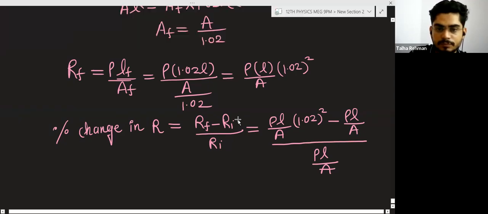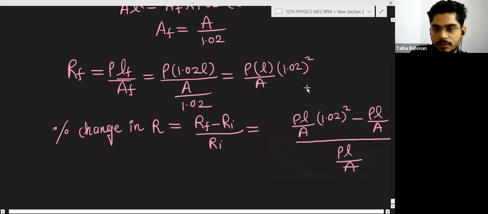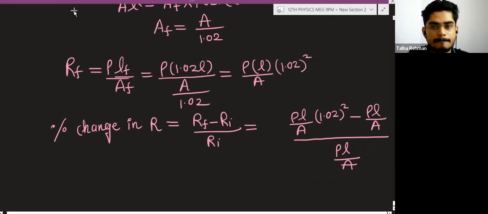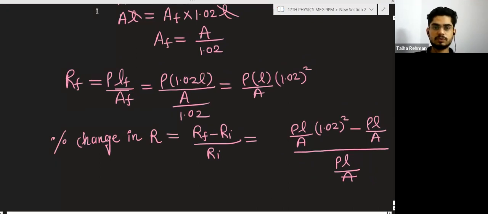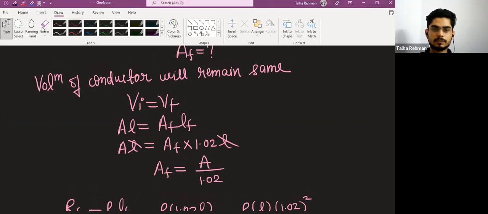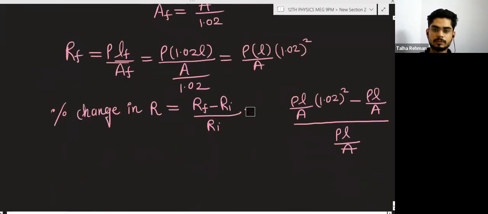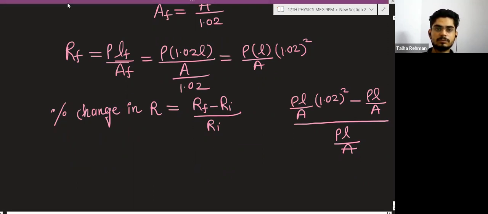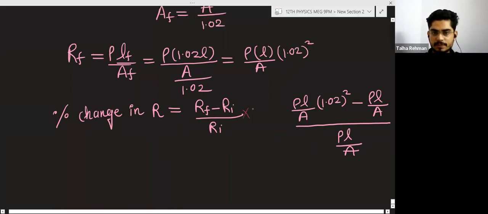So when you multiply this into 100, this will become the percentage change in resistance.